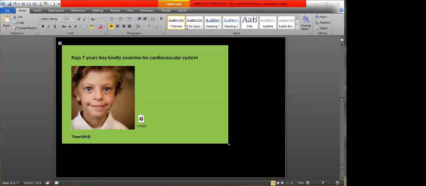Whatever finding you are getting, try to describe the murmur. I am getting a systolic or pansystolic or even maybe systolic as well as diastolic murmur in that particular area, and my differential diagnoses, the possibilities, are these. That will be enough to pass the station.